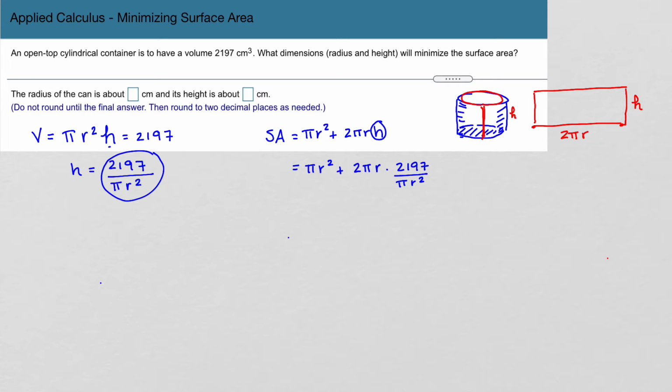And the pi's can cancel out, and r can cancel out with 1 r down here. And so now I can simplify this to pi r squared plus, I want to find twice 2197, and I get 4394, and that's over r.